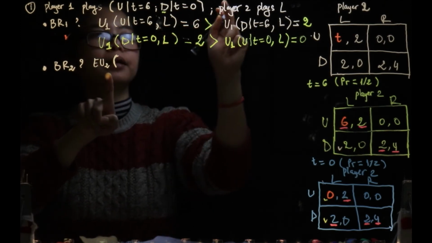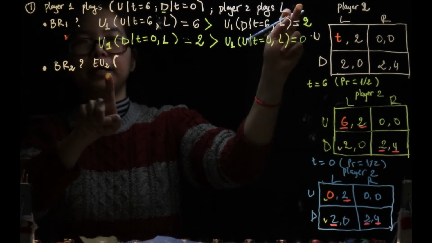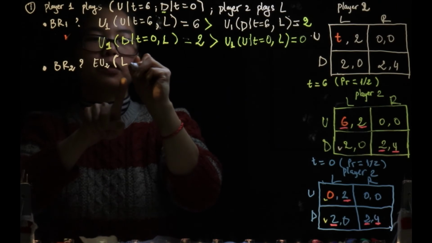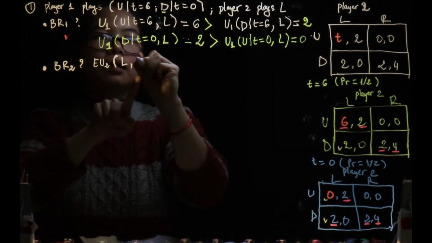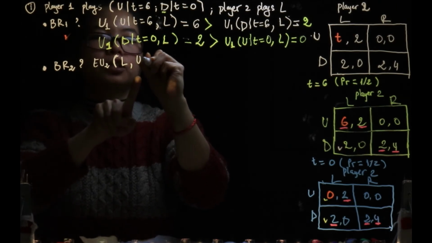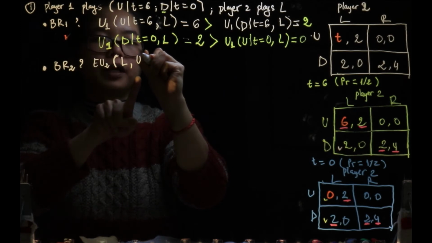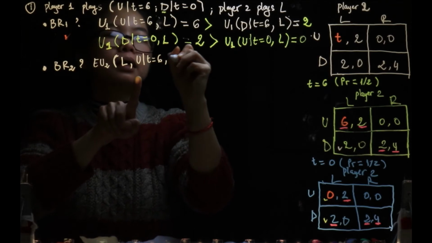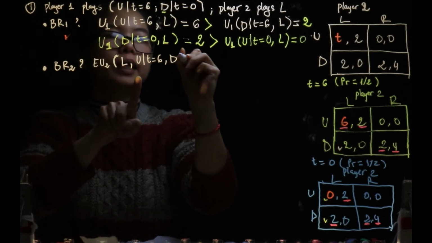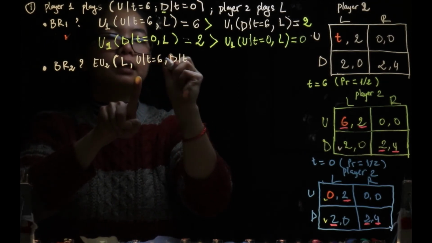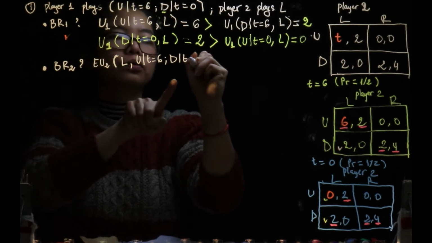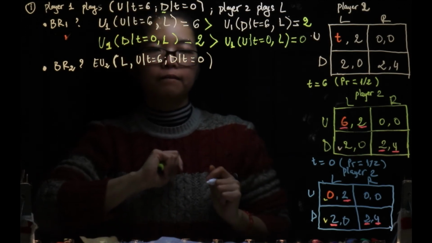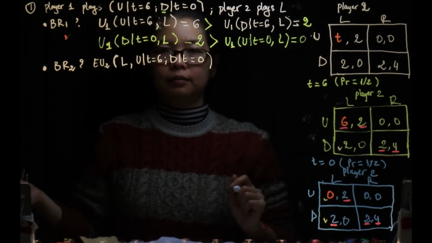Now let's calculate the expected payoff of the second player when playing left, with the strategy of the first player being up when t equals 6 and down when t equals 0. What is that?